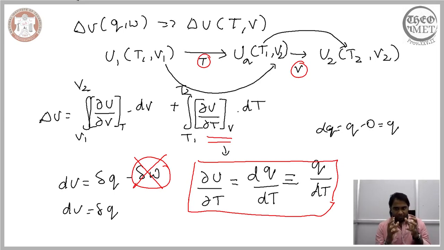So this ratio of the amount of heat transferred into or away from the system and the corresponding change in the temperature is referred to as heat capacity.